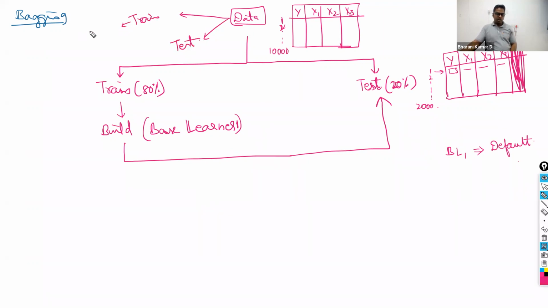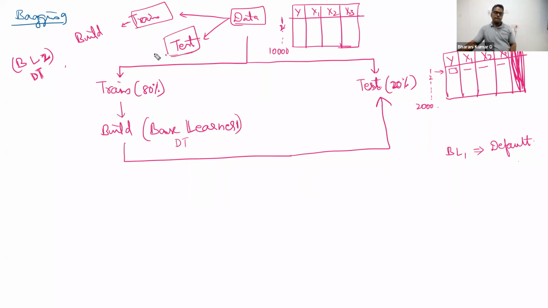And then build a model once again on this. When you build the model, you use another base learner, called base learner 2. Same decision tree. Here if you use decision tree, and here also if you use decision tree, it will be called a homogeneous ensemble technique if you use the same set of algorithms. And then once again test it on the test data.